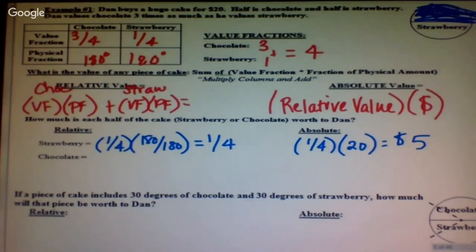So his chocolate should be more. Okay? So now we're going to figure out how much he values the chocolate half of the cake. So chocolate's value fraction, 3/4. If I'm giving you the entire chocolate half, my fraction looks like what? 180 out of 180. So he likes his chocolate as 3/4.